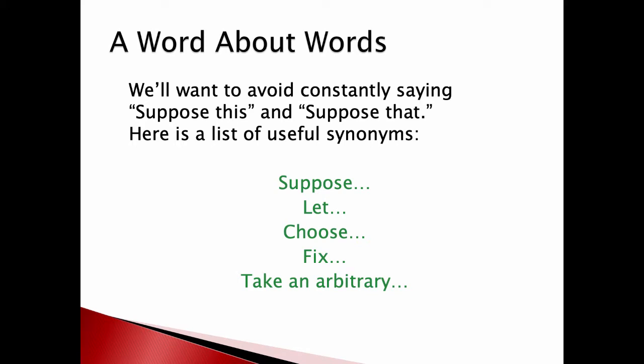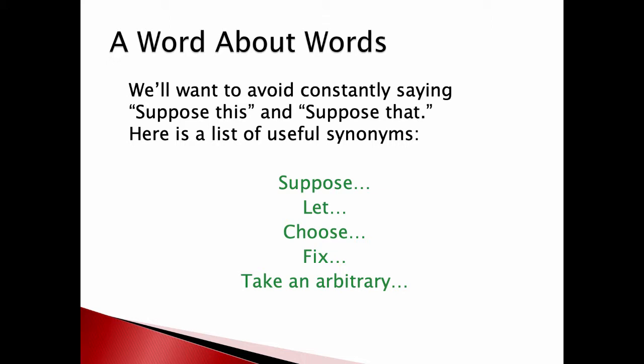Suppose that n is an even integer. Let n be an even integer. Choose an even integer n. Fix an even integer n. Take an arbitrary even integer. Call it n. Okay? All those mean exactly the same thing. All of those are logically equivalent. There's nothing different about them, but it just sounds better.